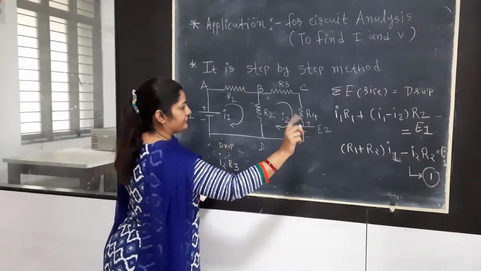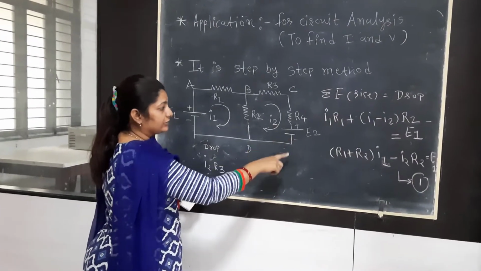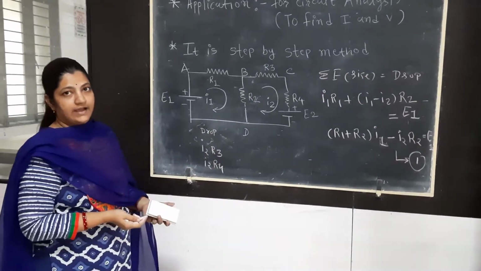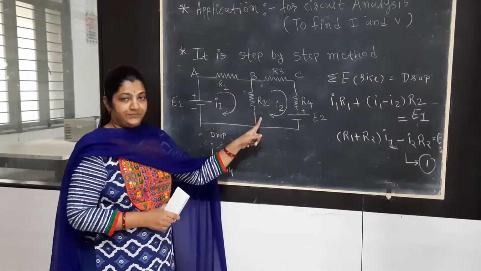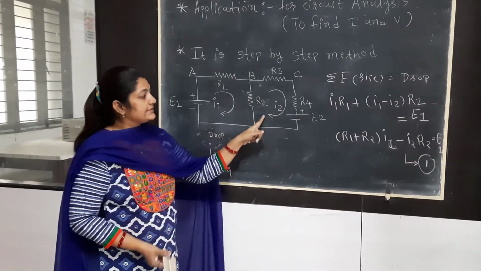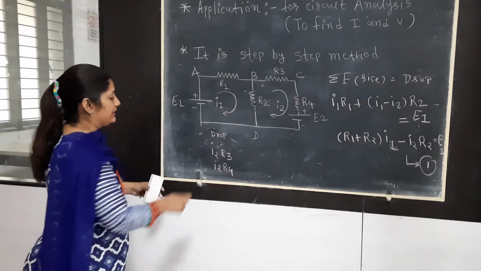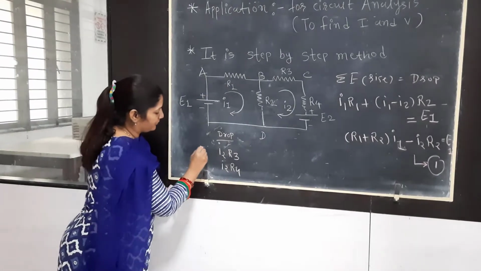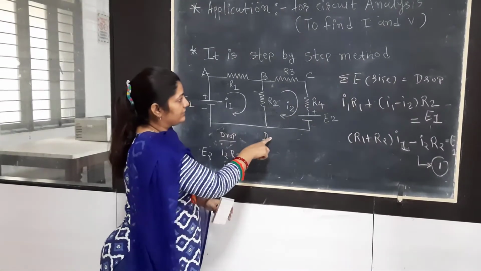E2: we are moving from higher potential to lower. It means even though that is a source, we cannot consider it by default as a high potential. We need to consider the path of tracing only. And as far as the path of tracing is concerned, we are moving from higher potential to lower. That's why this E2 source also will come in the category of drop. So E2 is there.